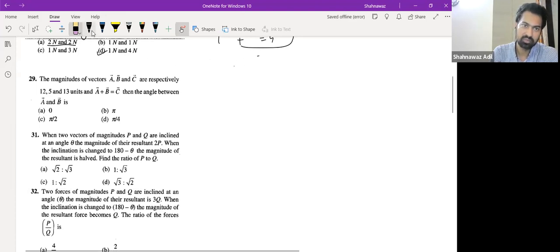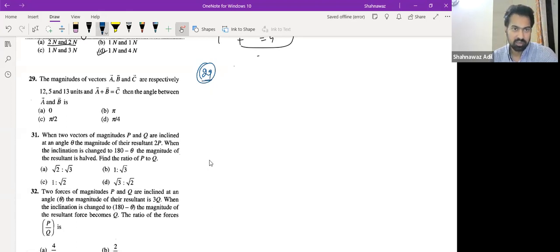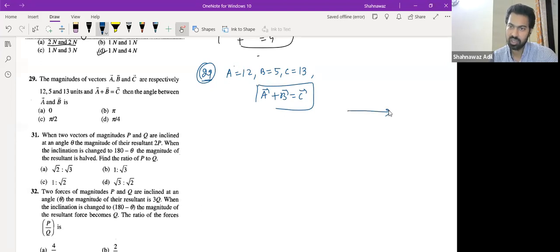This 29. So the magnitudes of vectors A, B, and C. A magnitude is 12, B is 5, C is 13, and A plus B is equal to C. Which means C is the resultant of A plus B. We have this A, we have this B, and C is the resultant.